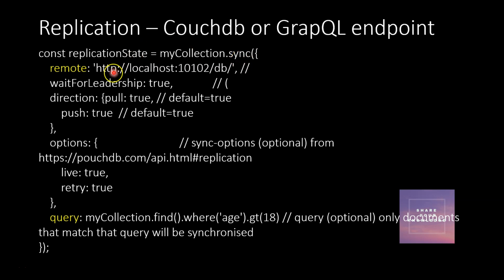You just have to give the remote URL, and this will update the CouchDB or GraphQL endpoint. You can also provide the query for what needs to be updated, if you want to update only specific data on your server. This is easy replication to a server that has a compliant CouchDB or GraphQL endpoint.